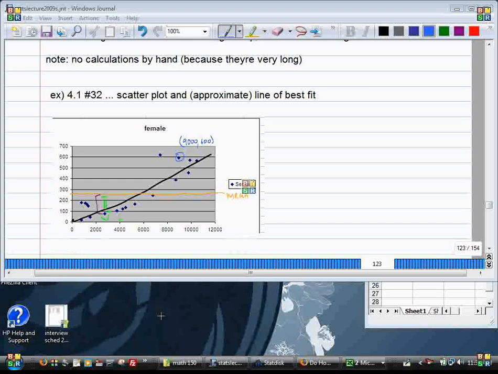Okay. So this straight line is called the line of best fit, which is also called the regression line.